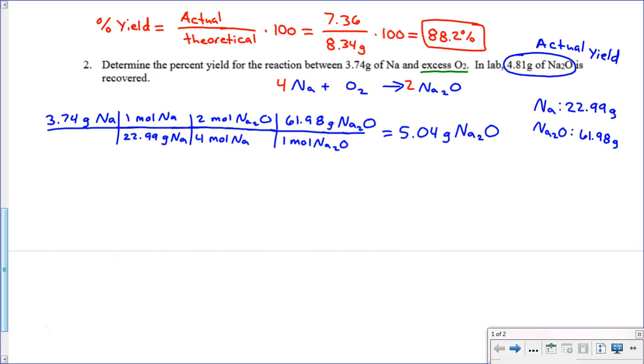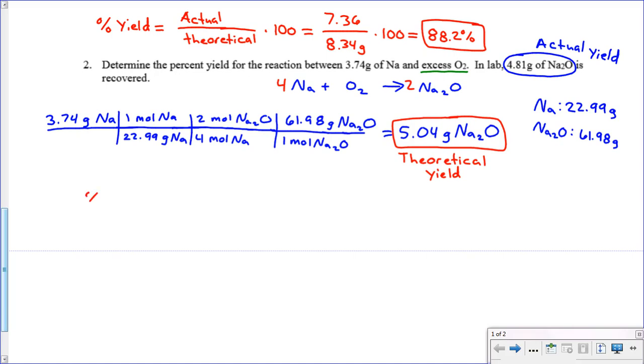Now this here, the result of your stoichiometry problem, is the amount that we could make, the theoretical maximum that we could make starting from 3.74 grams of sodium. So this is your theoretical yield. That comes from your stoichiometry problem. All right, then to get the percent yield, what we have to do is the actual divided by the theoretical times 100.